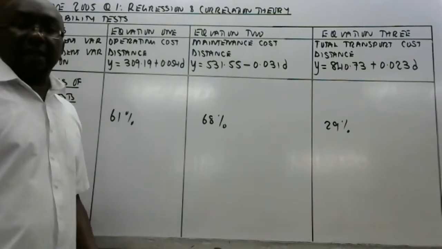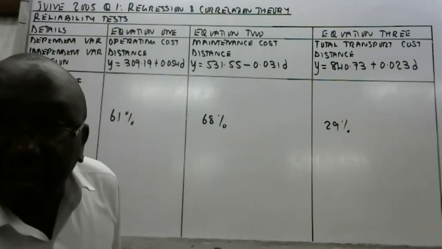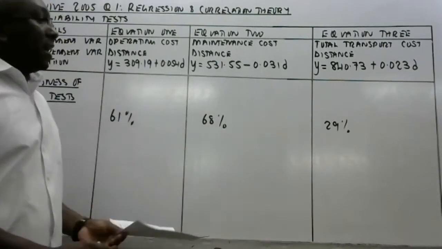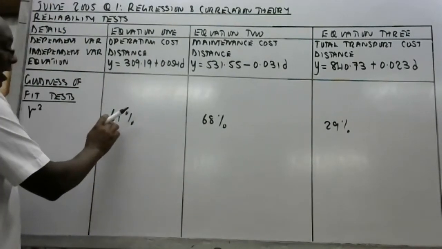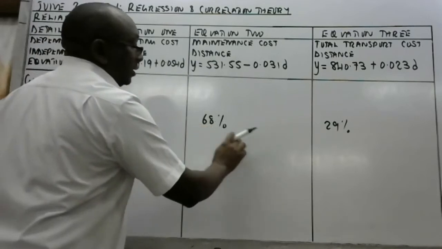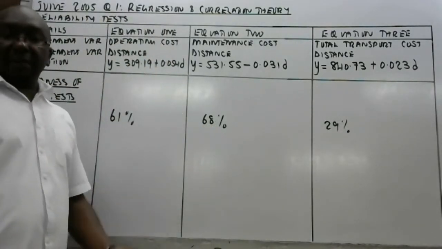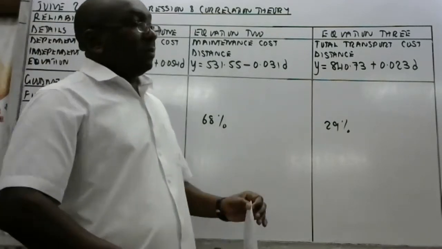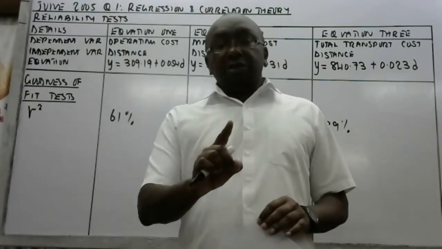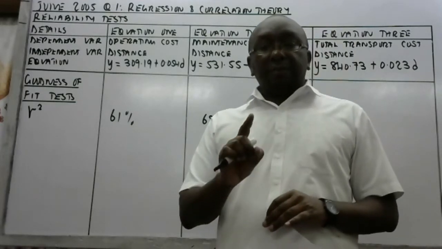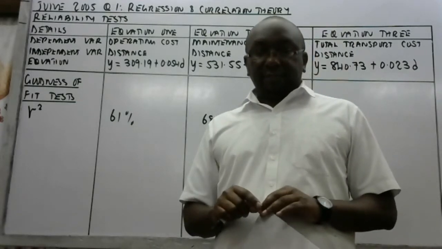Now this one, there are two ways in which you can respond. The first way, you can say this is the average, this is the highest, this is the lowest. Or you can tell us whether to accept or to reject. I told you a relationship that is below 60% should be rejected.